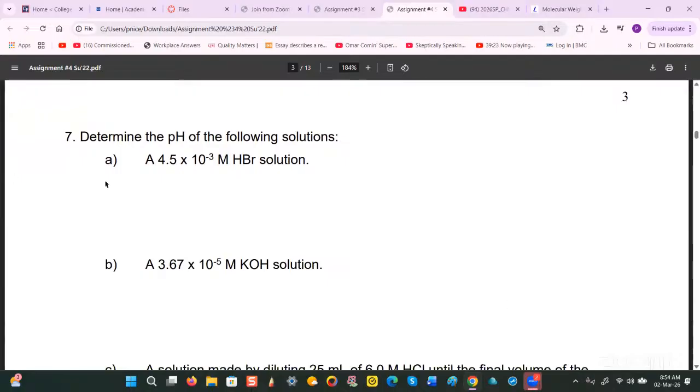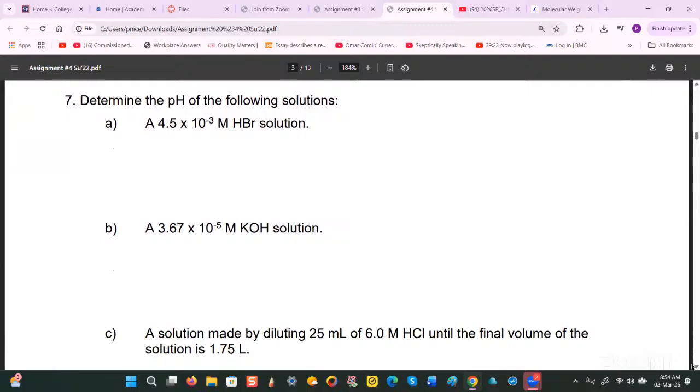Okay, so let's look at question number 7. It's asking for the pH of the following solution. So again, you have to ask yourself if the resulting solution is of a strong acid or strong base. HBr, of course, is a strong acid. So that means that it undergoes complete dissociation, which means that the concentration of HBr would be equal to the concentration of H plus.